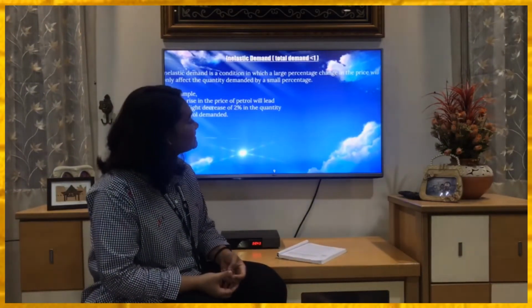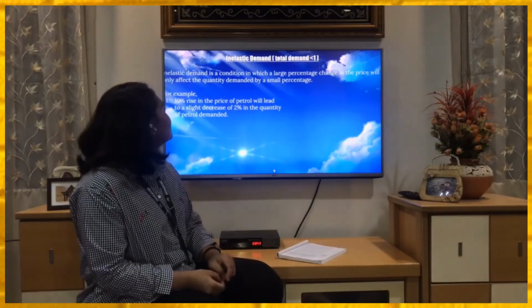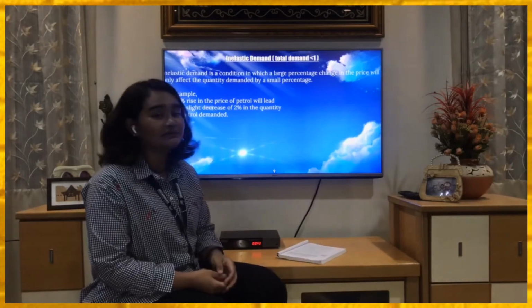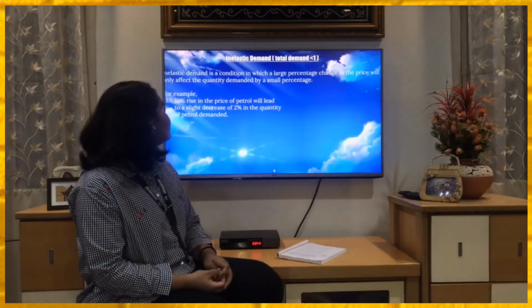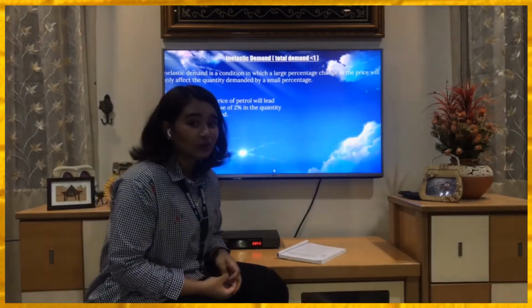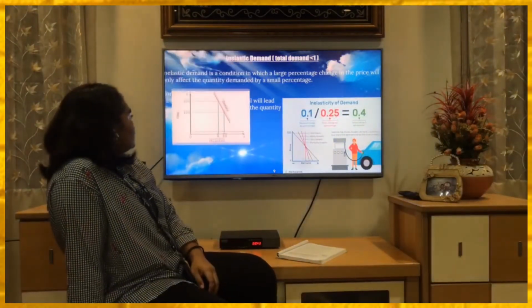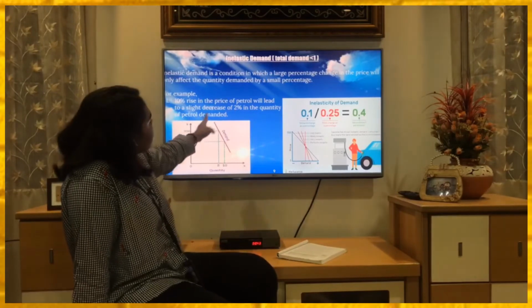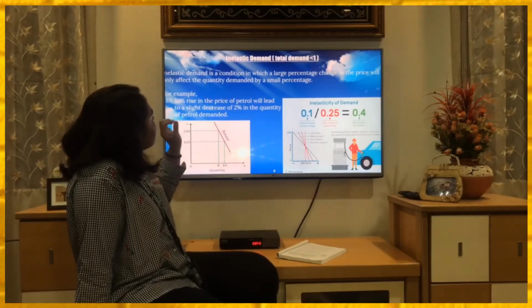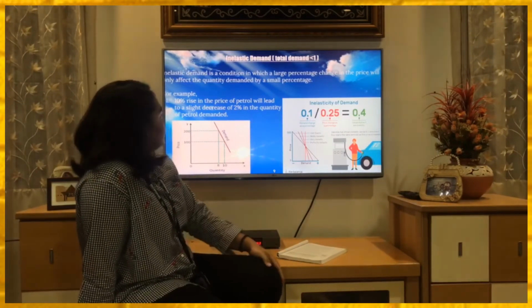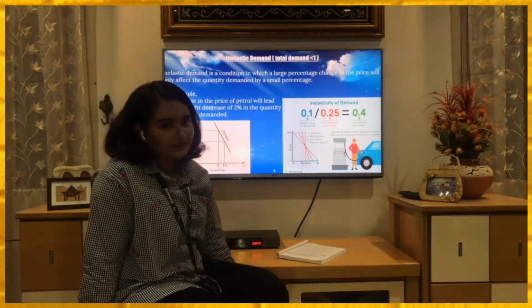Next is inelastic demand. Inelastic demand is a condition in which a large percentage change in price will only affect the quantity demanded by a small percentage. For example, a 10% rise in the price of petrol will lead to a slight decrease of 2% in the quantity of petrol demanded.